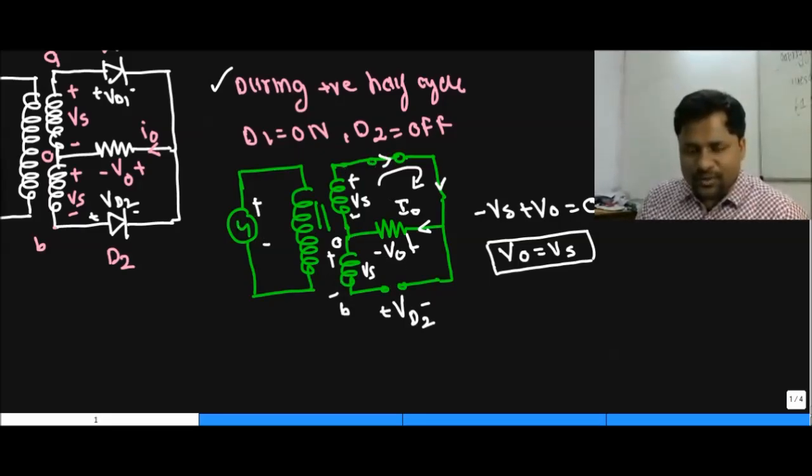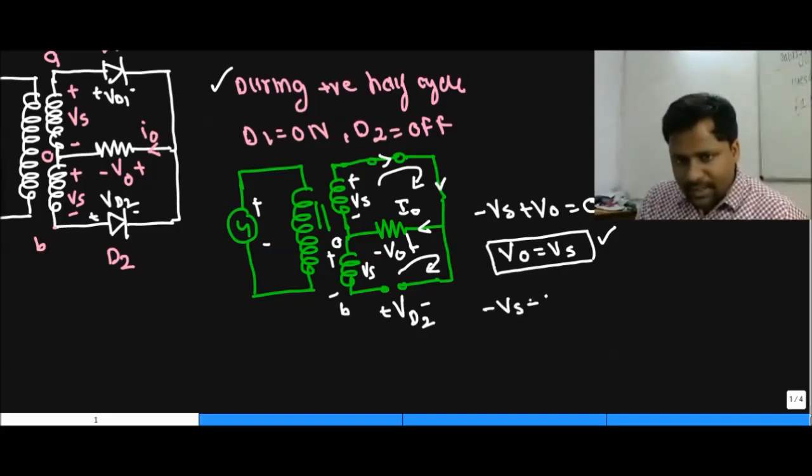We come to the conclusion that V0 equals the source voltage. Making a loop in this equation, minus Vs minus V0 minus VD2 equals 0, so VD2 equals minus of Vs plus V0.